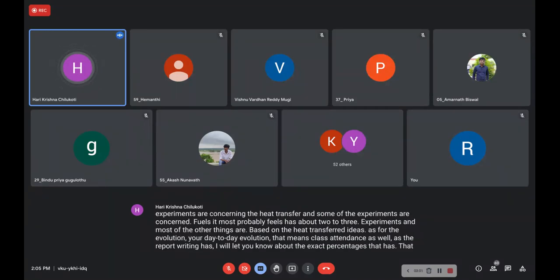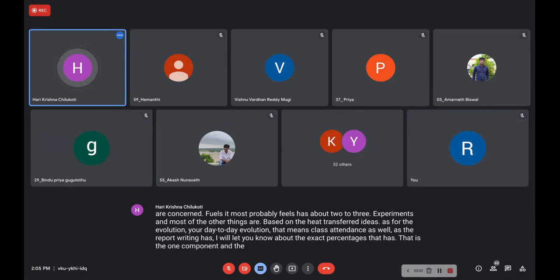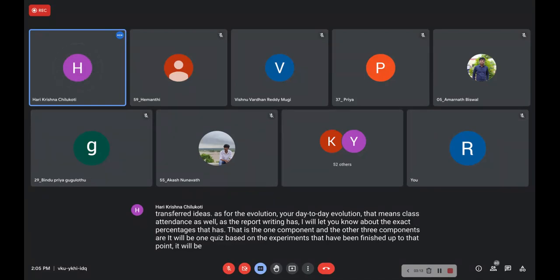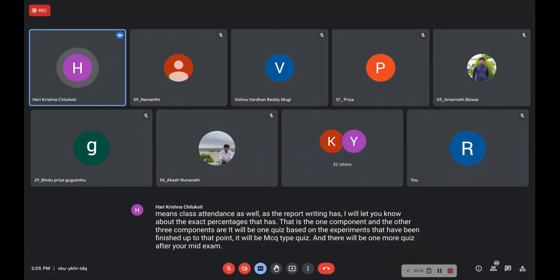That is the one component, and the other 3 components are: there will be one quiz based on the experiments that are finished up to that point. It will be an MCQ type quiz, and there will be one more quiz after your mid exam. Those 2 quizzes will carry some marks. At the end, there will be one end exam.